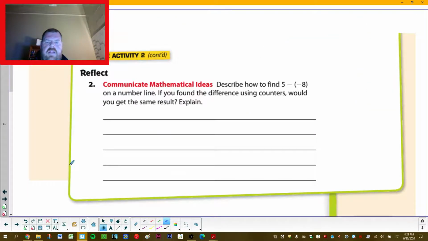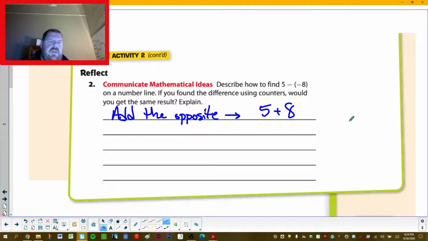All right, looking at this one here, describe how to find 5 minus -8 on a number line. Well, we would want to add the opposite. So that's going to look like 5 plus the opposite of -8, which is +8. If you found the difference using counters, would you get the same result?